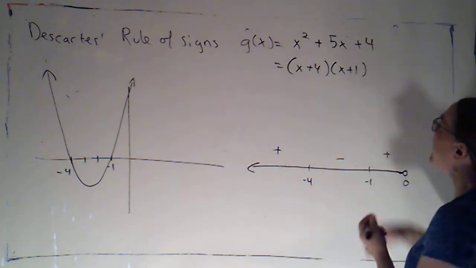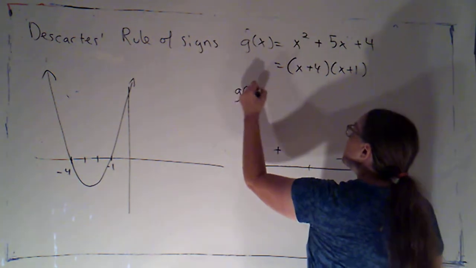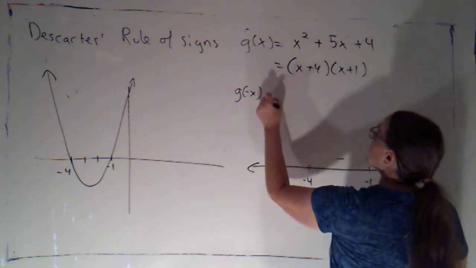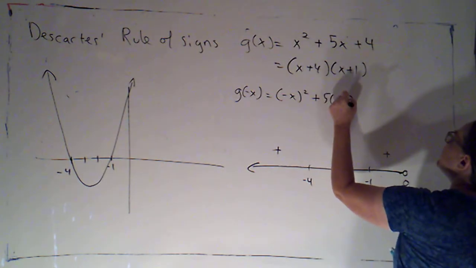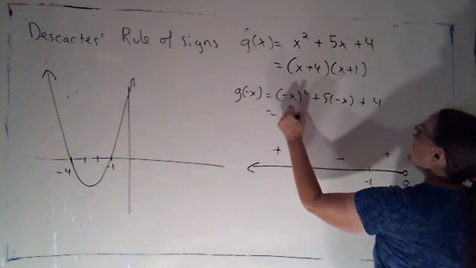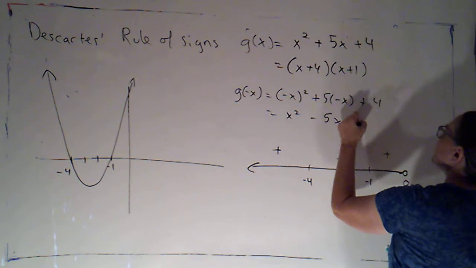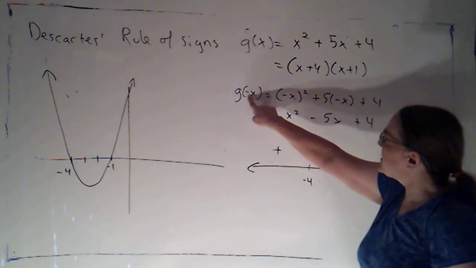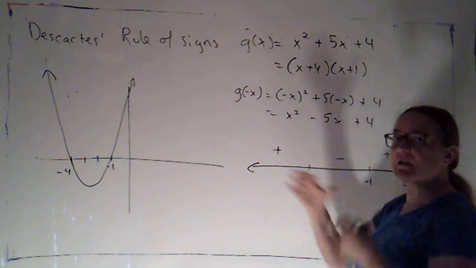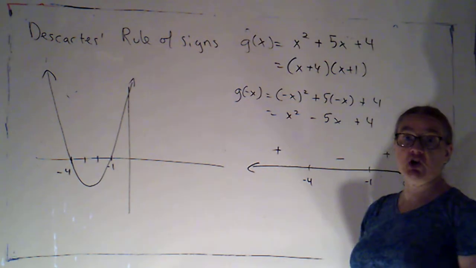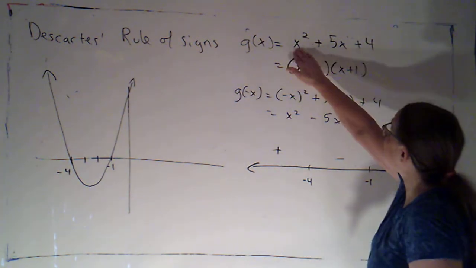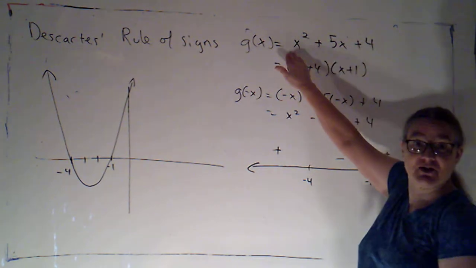Now, if I look at g of negative x, that would be negative x squared plus 5 times the opposite of x plus 4. That's x squared minus 5x plus 4. The reason I wanted to plug in that negative is because when I plug in a negative, some of my terms are going to have a sign that's different from the signs of these terms.